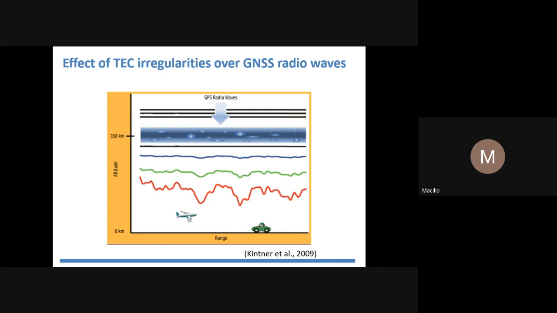The result is that when the wave front reaches the ground, the amplitude is fluctuating like this. The problem is worse considering the receiver on the ground is moving, and the satellite in the sky is also moving. Then all these effects together appear to the receiver as exactly the scintillation we can measure.